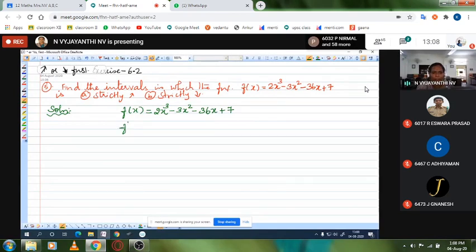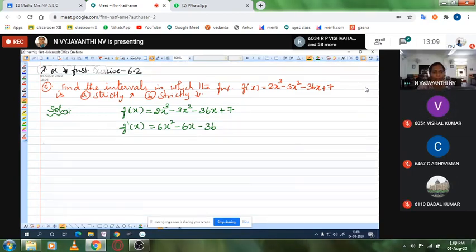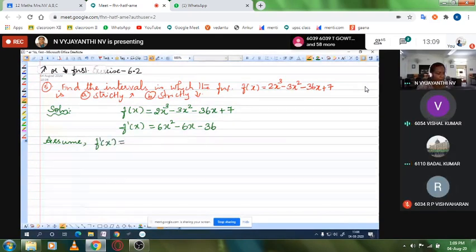So f dash of x equal to 6x square minus 6x minus 36. So we have to assume f dash of x equal to 0.